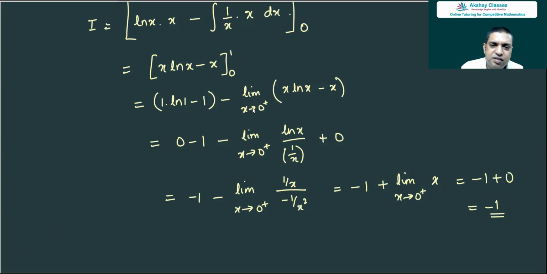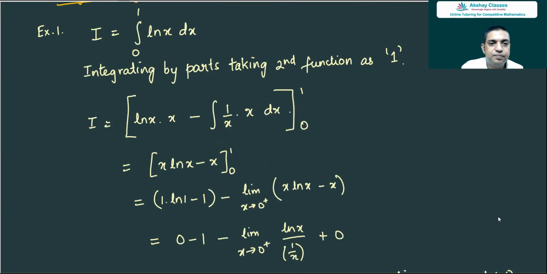So why did we do this? We did this because x is going to 0 and the function is not defined there. So we cannot directly substitute. We have to take the limit as x tends to 0 from the right. So the answer is minus 1.